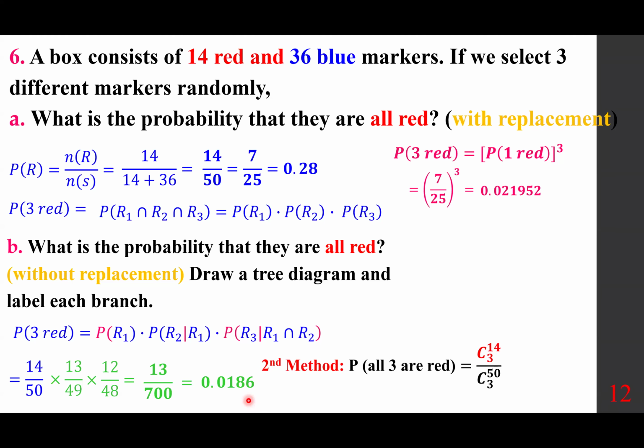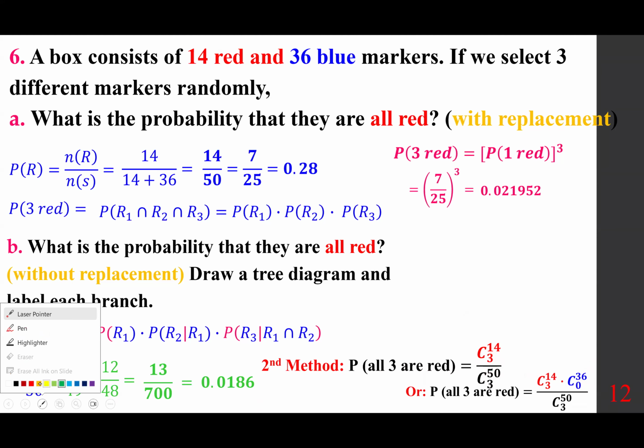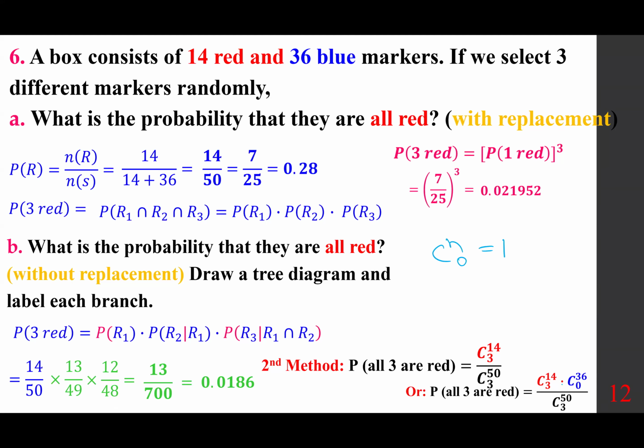The second method is to write probability of 3 red is combination of 14, choose 3, and over the entire sample space would be combination of 50, choose 3. Now, I'd rather write it in this format. Understand why this is not given, because we want 0 from 36, and in general, CN0 is 1, so this is 1.